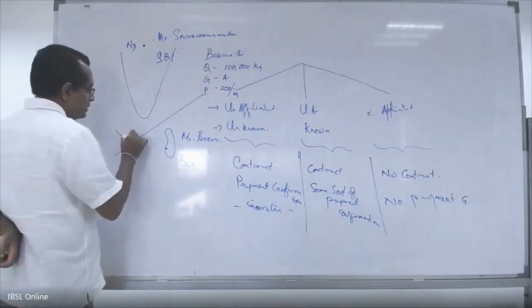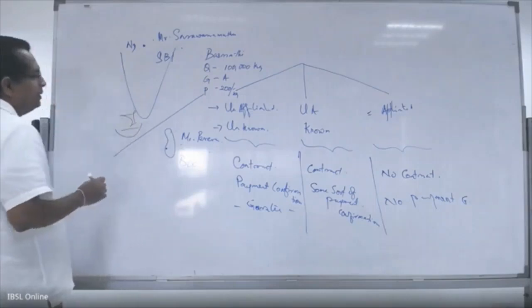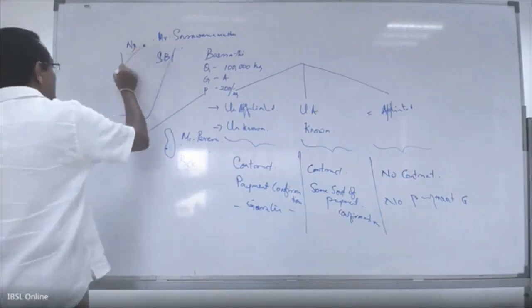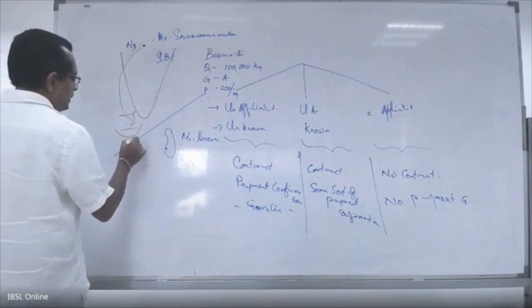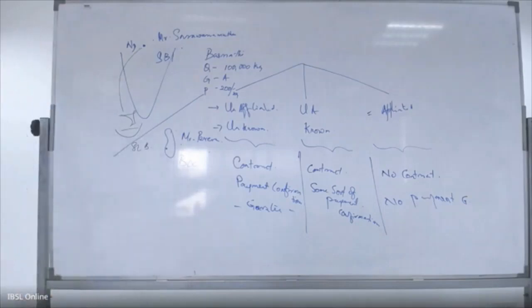So the goods come in the ship or plane, whatever. Physical goods from New Delhi to the Sri Lankan border comes here. Sri Lankan customs comes here.